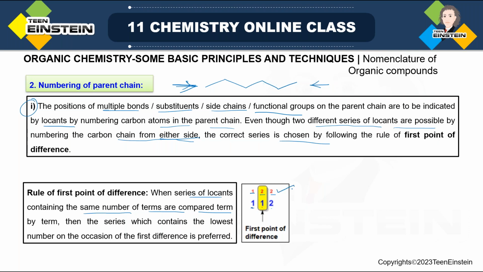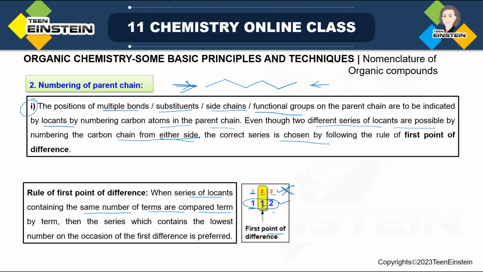If you compare this one with the second one, in the first position in both cases it is 1. Now in the second position you can see some difference. Now we will choose the second one, not the first one, because here after 1 we are getting the lowest number. So this is the first point where we are getting some difference, and when we get a difference we will choose the one which has the lesser number. So we will choose the blue one, not the red one.